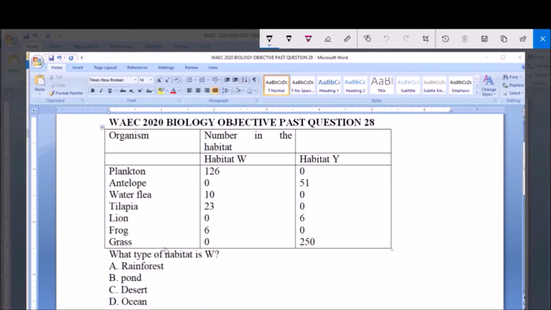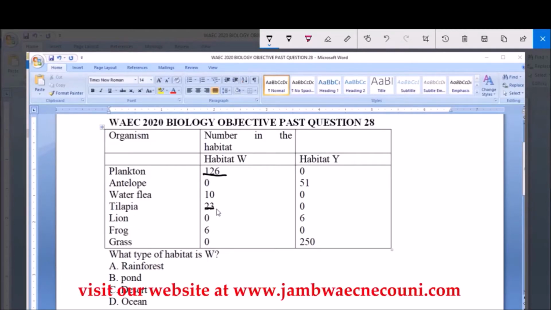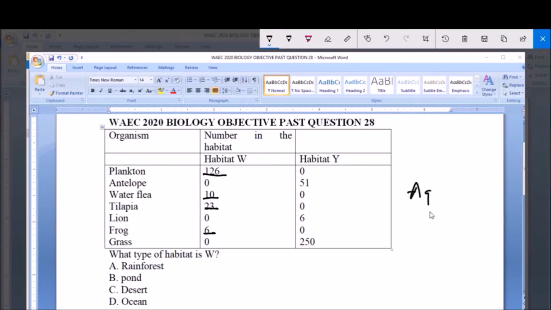So from what we have here, in habitat W you have planktons 126, tilapia 23, water flea 10, frog 6. Now the common trend among these organisms is that they are all aquatic organisms.